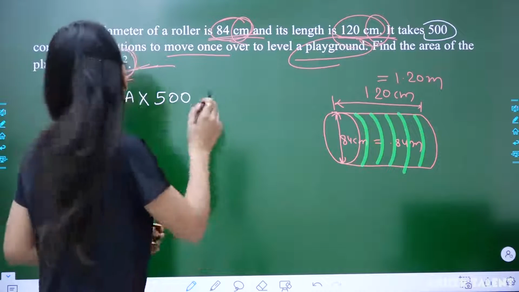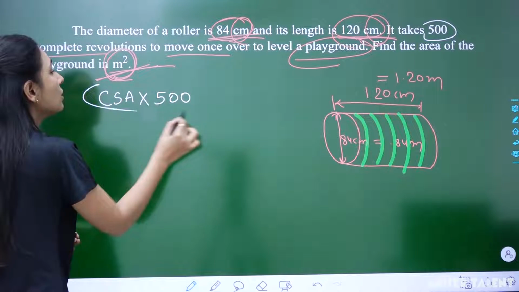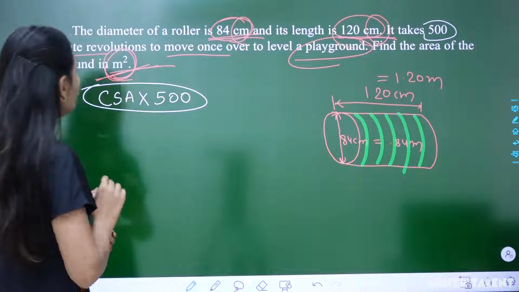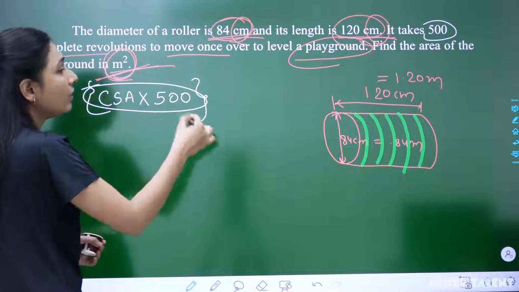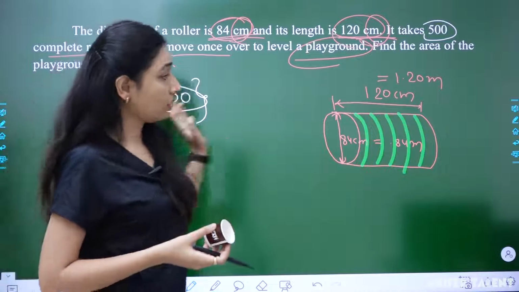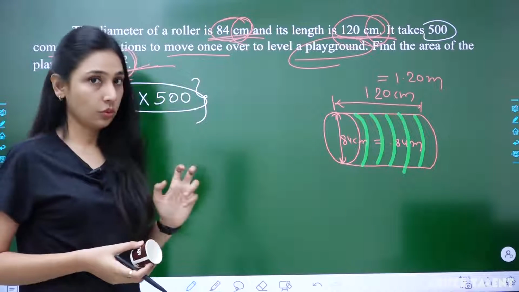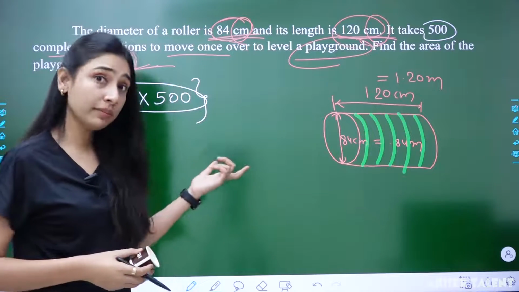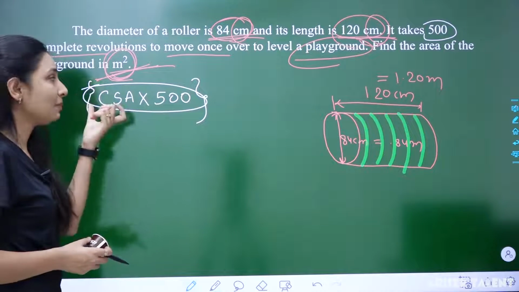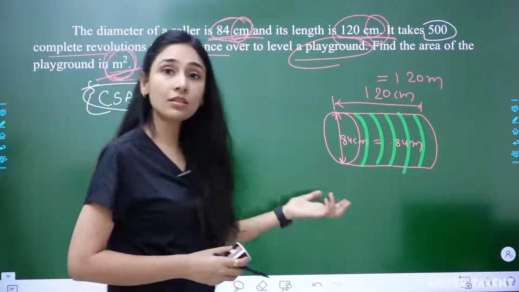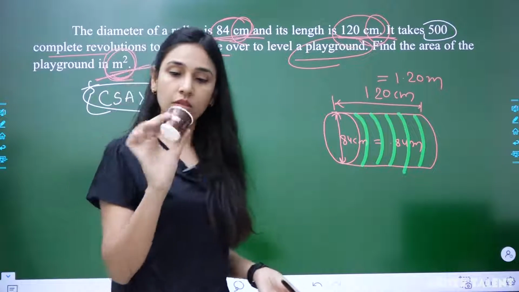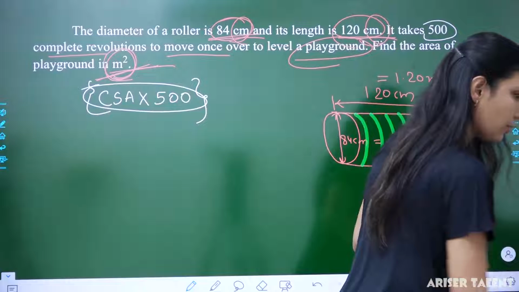So curved surface area multiplied by 500. It is the area that is covered, and it covered the complete playground. So the area of the playground is nothing but the number of revolutions multiplied by the curved surface area of this roller, right? Understood with this roller?